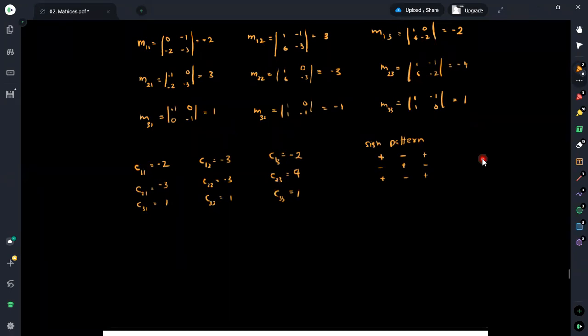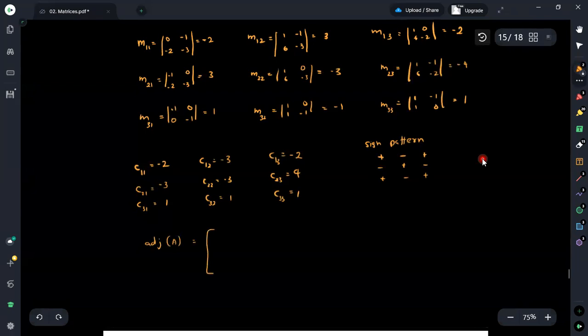Now to write down the adjoint matrix of matrix A, once you write down the cofactors inside the matrix, and if you take the transpose of that matrix, you will get the adjoint matrix. Therefore, it is minus 2, minus 3, and minus 2, minus 3, minus 3, and 4.